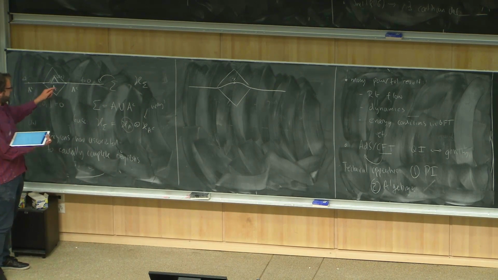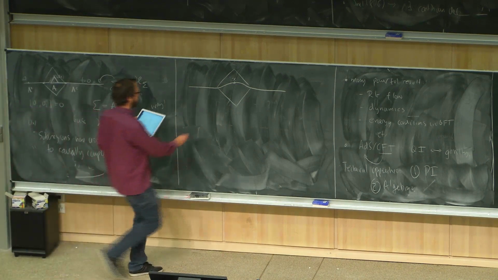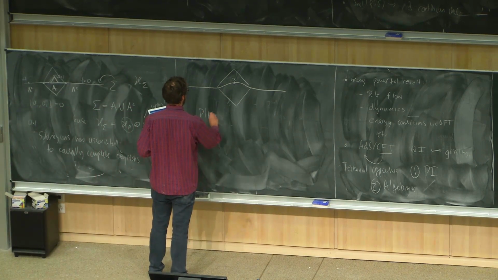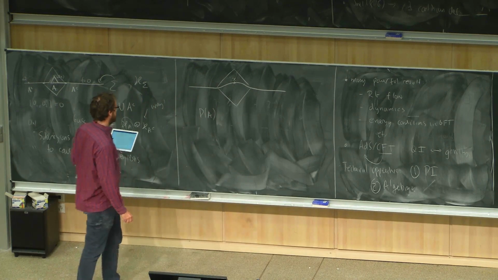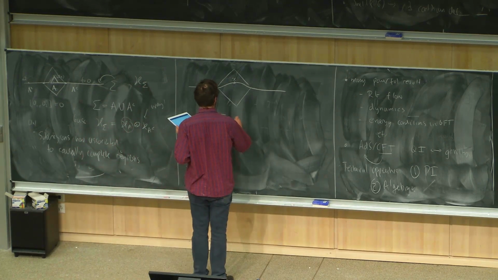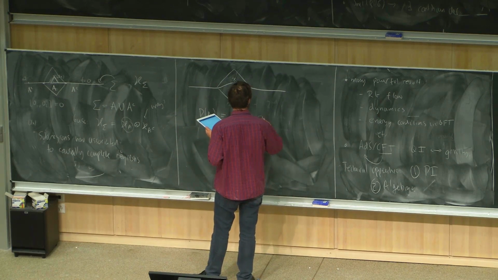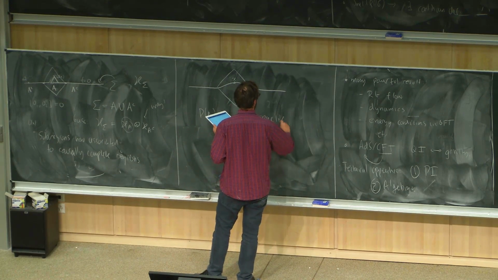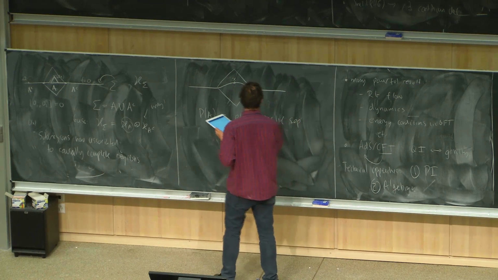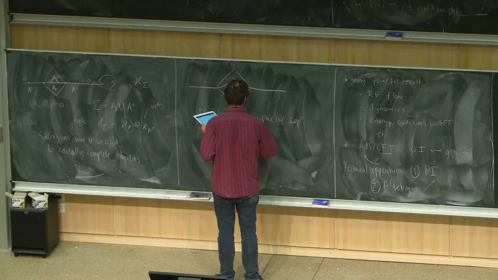And the way to generate this causally complete region from this A is to define the notion of the domain of dependence of A. The domain of dependence of A is all the space-time points that are space-like separated, in this context, from A complement.